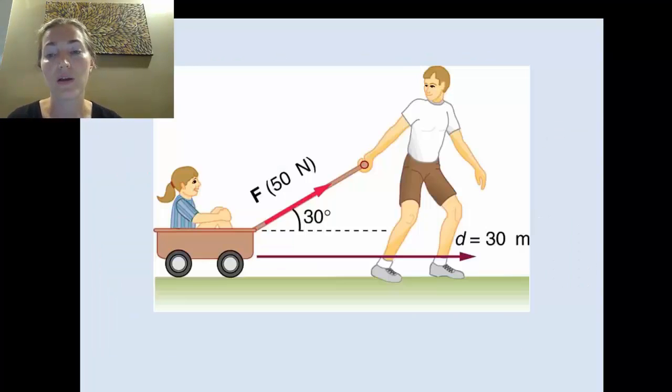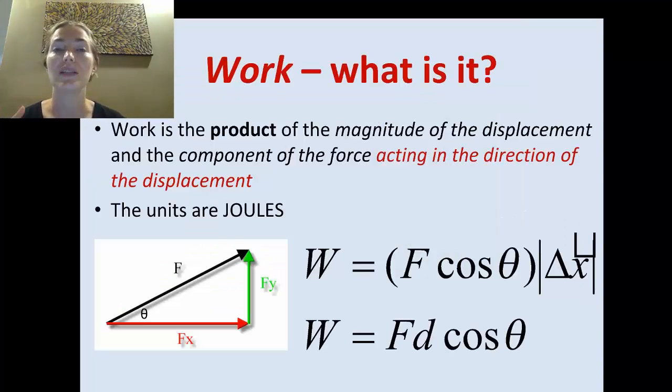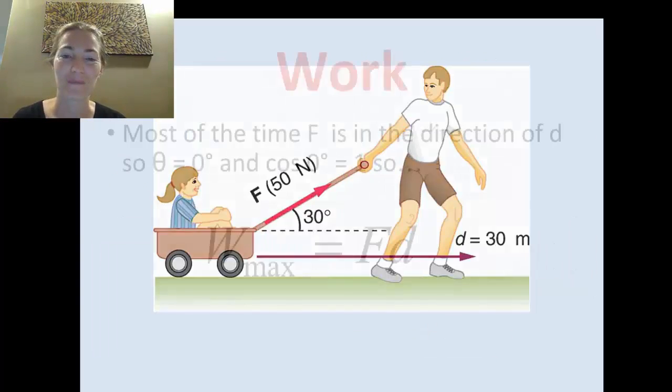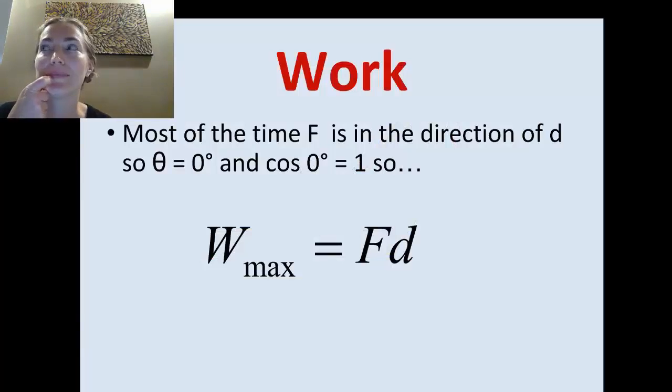Okay, so the angle is important, and it has to be the component acting in the direction of displacement. Some of the time, perhaps not most of the time, the force is in the direction of the displacement, so we don't even need to worry about the angle, which is helpful.